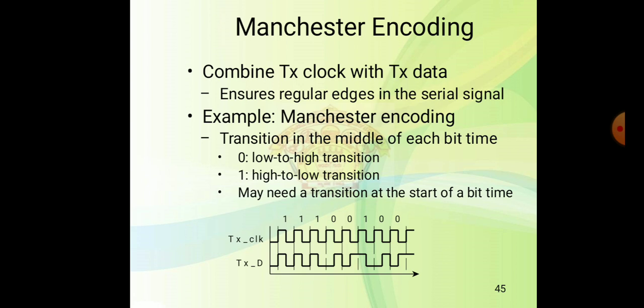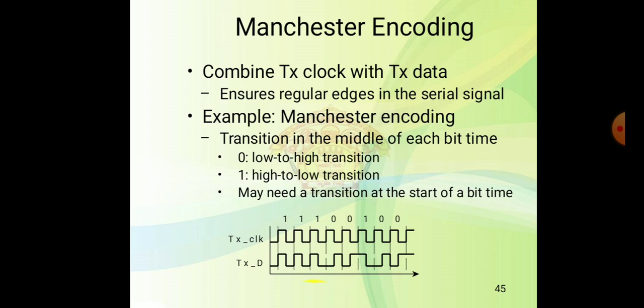You can see in this diagram, when the bit is transmitted from high to low, that is logic 1, and again for the second bit, high to low, so this is logic 1. For logic 0, there is a transition from low to high, so that is logic 0, and another here logic 0.